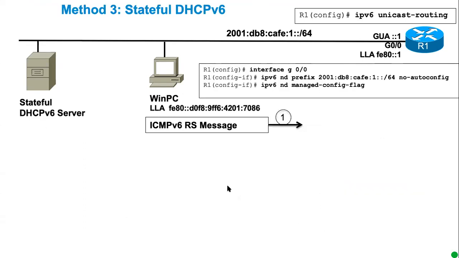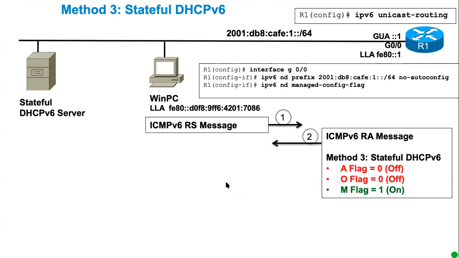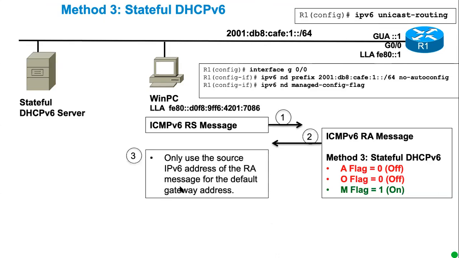Stateful DHCPv6. The RA message has the M flag set to 1, and in most cases, the A flag should be set to 0. The O flag should be also, although it's ignored. In this case, the host will only use the IPv6 address of the RA message. So it does use the RA message to get its default gateway address.